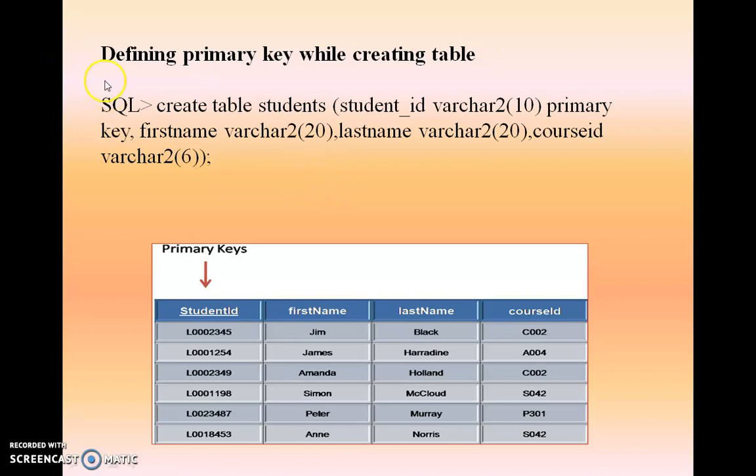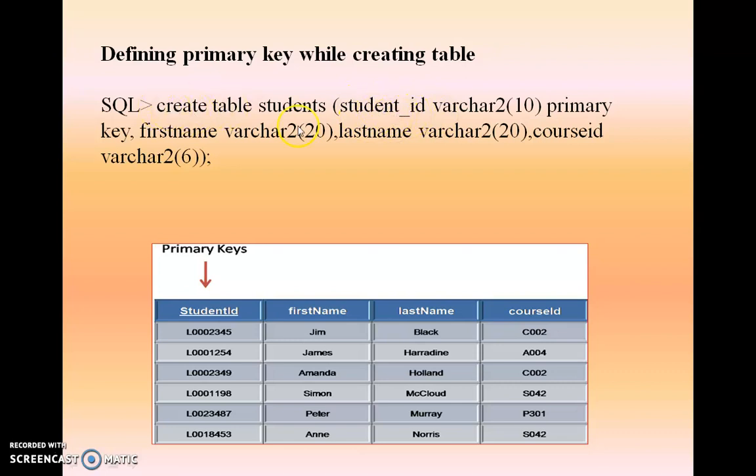In this example, we are creating a primary key with the help of the CREATE TABLE command. I am creating a student table with 4 columns: student ID, first name, last name, and course ID. To identify the records of this student table, we must use student ID as a unique column, so we apply the primary key constraint on the student ID column.